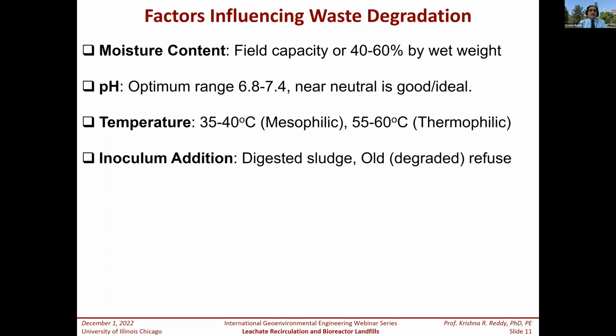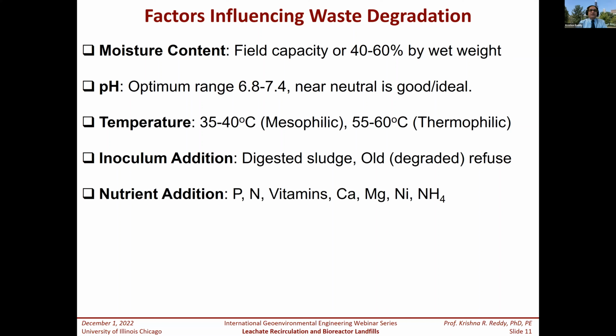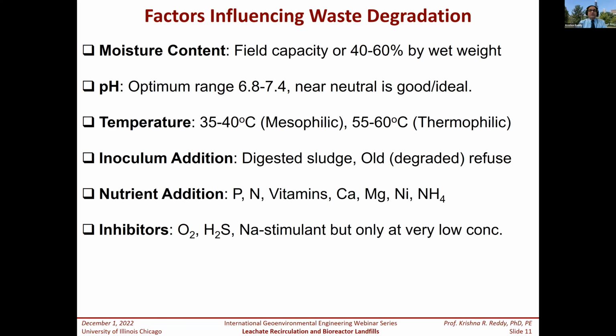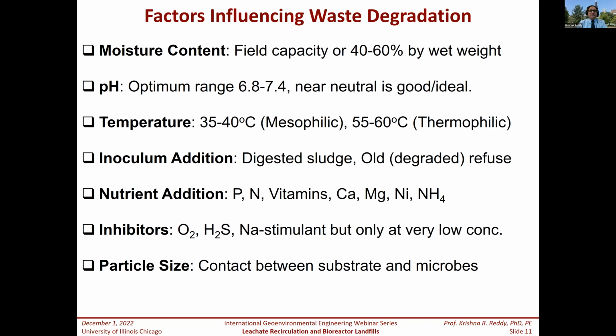Sometimes you can add an inoculum to increase the microbial population. These microbes need some nutrients. You also want to make sure that you don't have any inhibitors that reduce the activity of the microbes. And then you need to have good contact between the substrate and microbes.